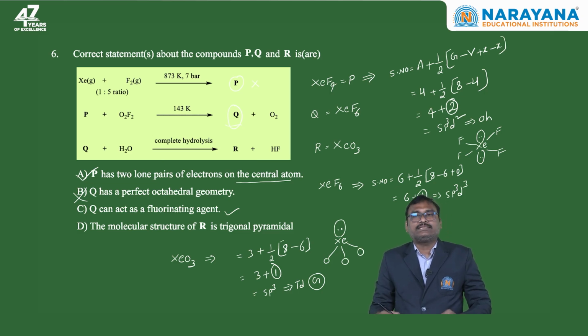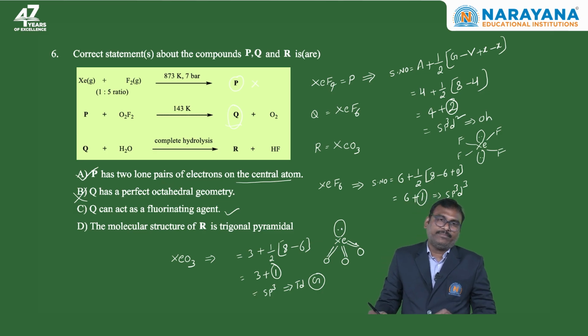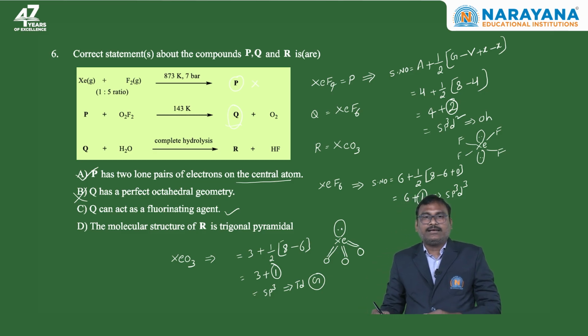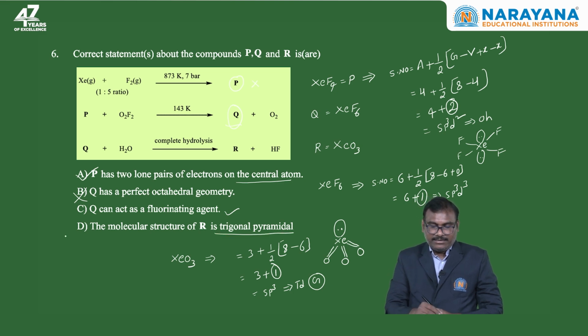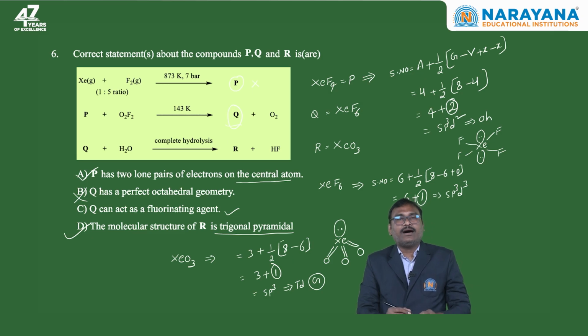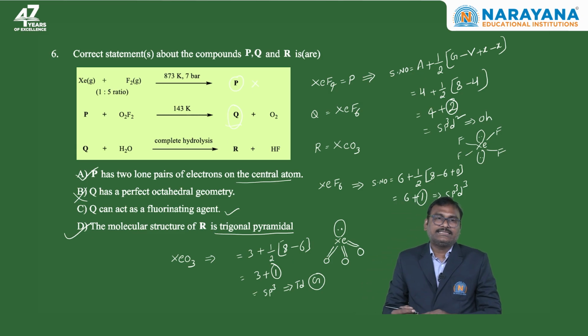But oxygen valency is 2, and here it is given as a single bond, that's why we place the pi bond. That pi bond must be the d pi p pi bond because the hybridization is sp3. So the geometry is tetrahedral, but the structure due to the lone pair becomes trigonal pyramidal. That's why option D is also correct. So for the given question, A, C, D are the correct options.